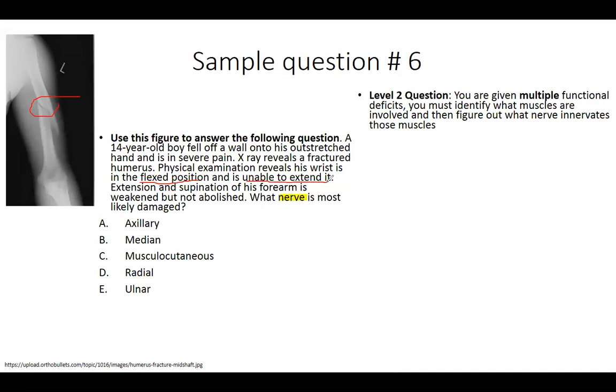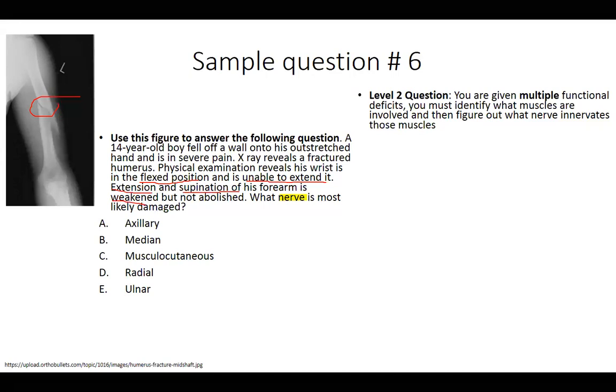All right, so he's lost extension of his wrist. But if you move on, there's more deficits. Extension and supination of his forearm is weakened. So he has weakened extension and supination of his forearm. So two deficits, multiple muscles, which is why you have to go a little further than just one muscle and one nerve going through.